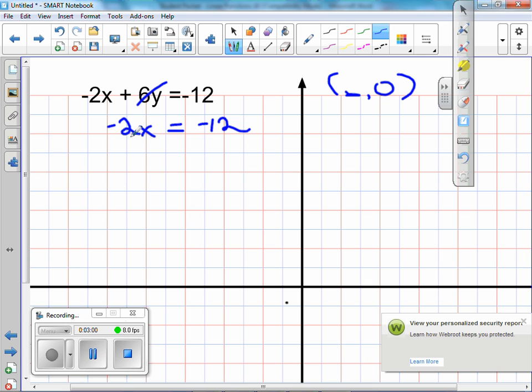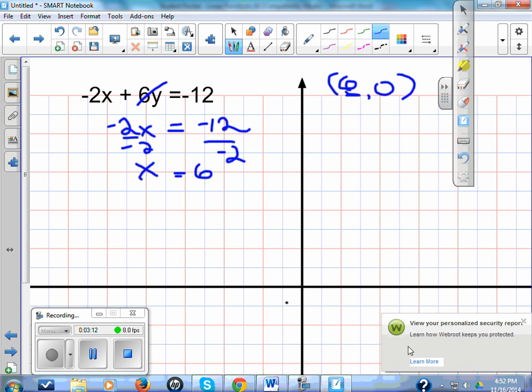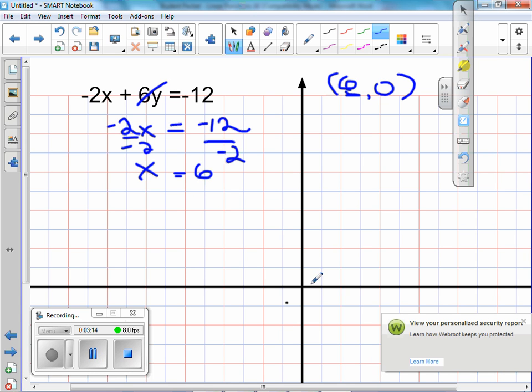Are you working it with me? Divide both sides by negative 2. So now we know that x is going to be a positive 6. So we have (6, 0) is our point on the x-axis. You go over 6, 1, 2, 3, 4, 5, 6, and you mark it.